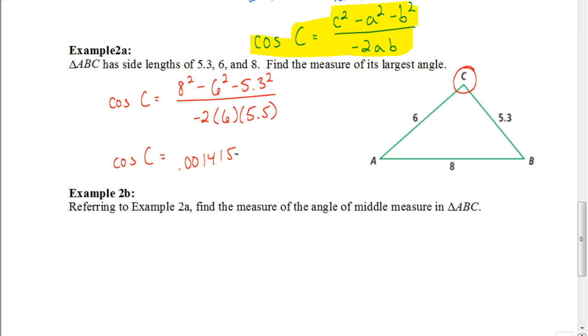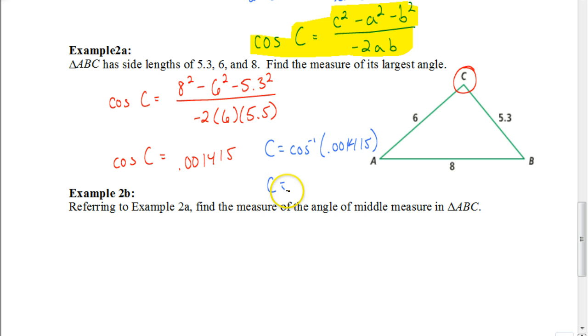Now, recall from the previous lesson, in the previous video, to find out our value for c, we're going to have to take the inverse cosine of both sides, because the only thing that undoes the cosine to get the c by itself is to take the inverse cosine of both sides. So we would get the inverse cosine of 0.001415.